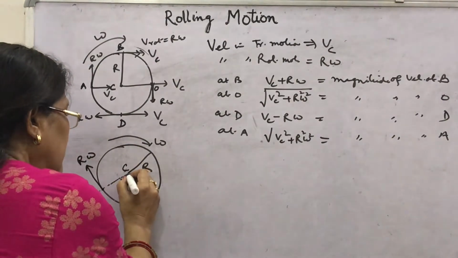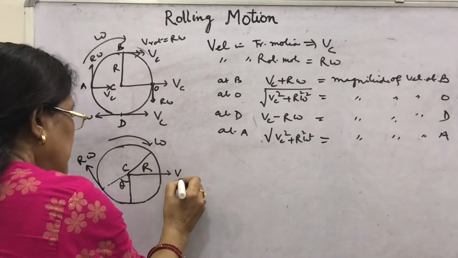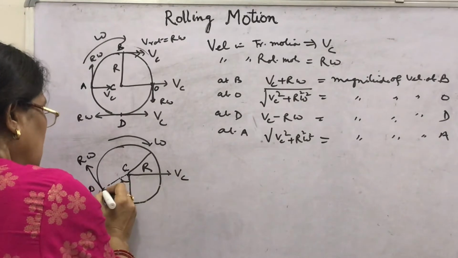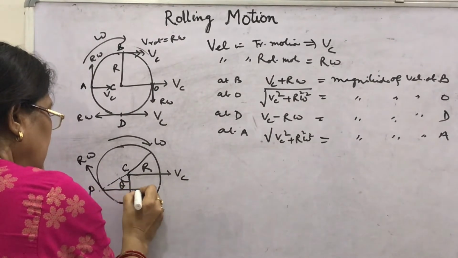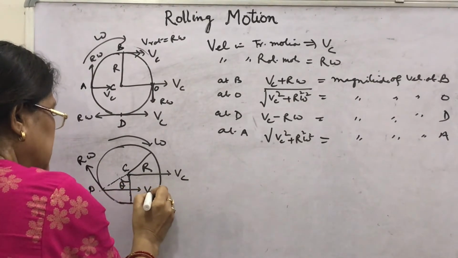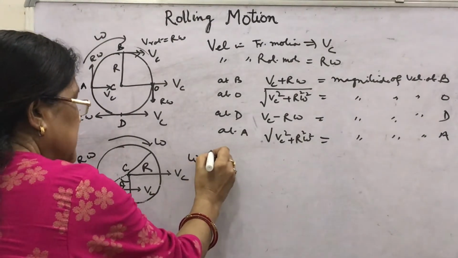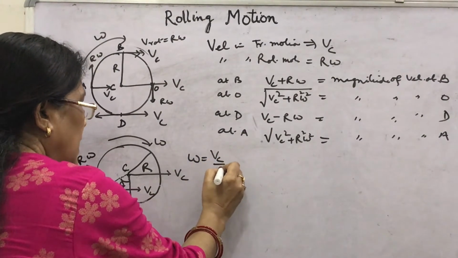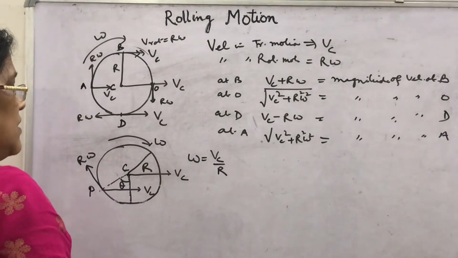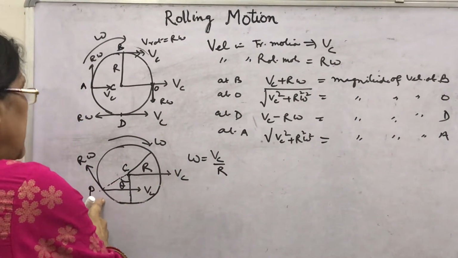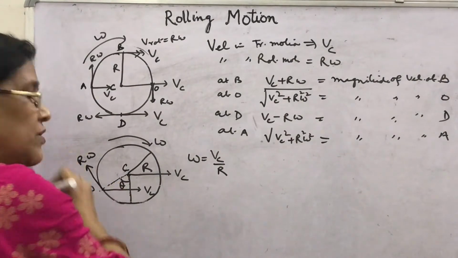The center of mass velocity is VC. Then this point will also have the same velocity VC. Omega is VC by r. Then how will you find the net velocity at point P?